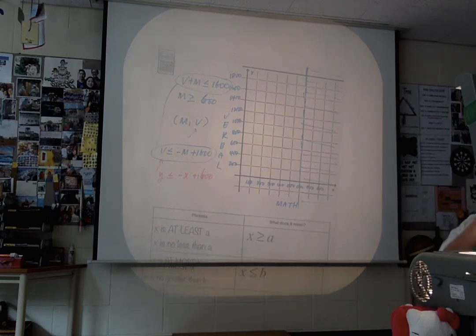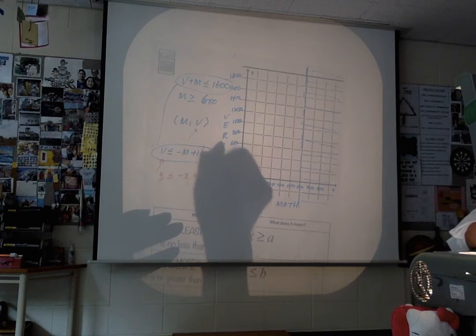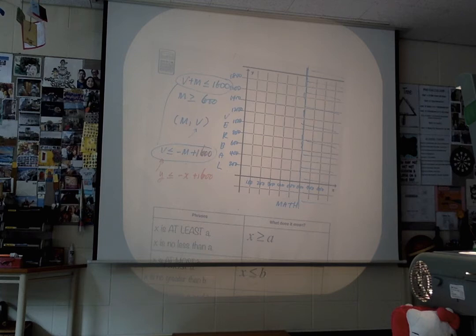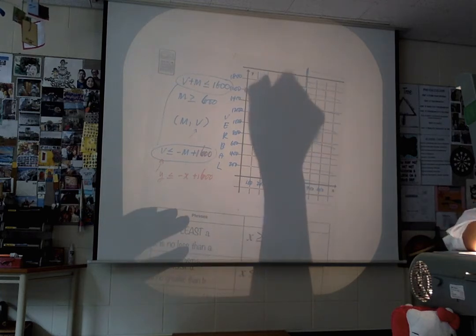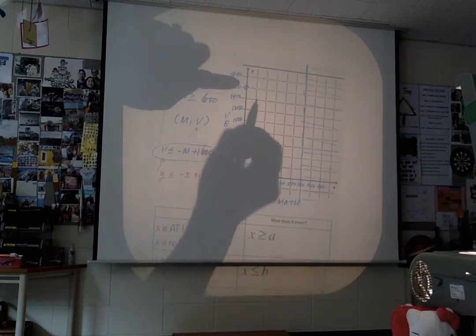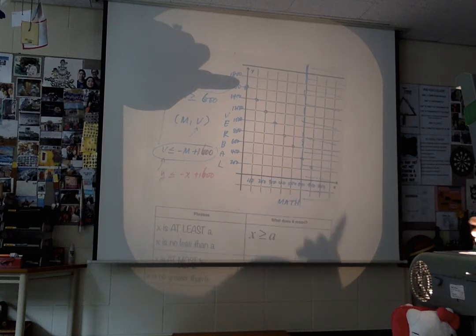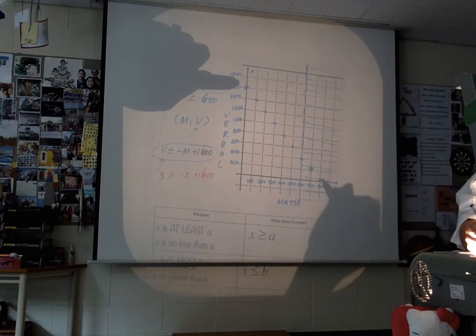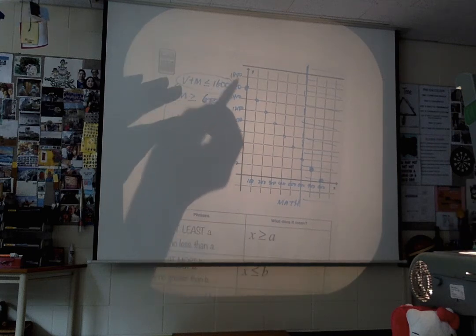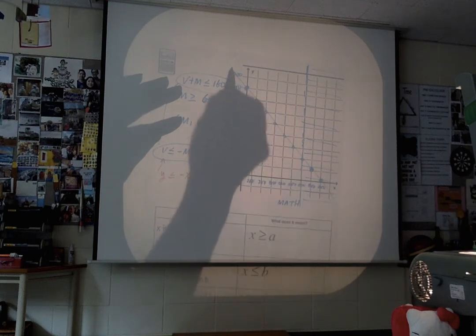Sorry about my handwriting here. So that's 1,600, all right? Now let's graph it. It's a negative slope, so I'm going to go this way. Is it dotted or solid? It's solid, so I'm going to draw that line.